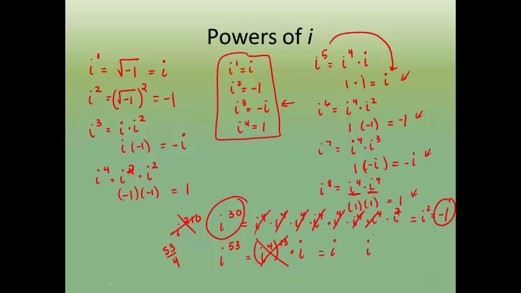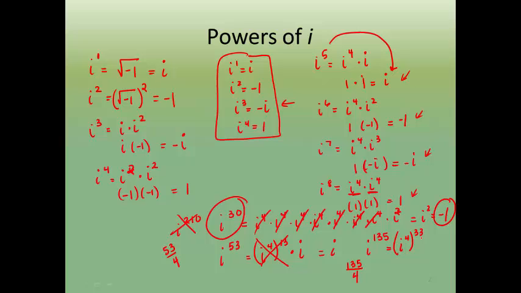Okay, so let's take a look at one more of those. Let's do I to the 135th power. Once again, I want to divide 135 by 4. So whatever calculator you have around you, go ahead and take 135 and divide it by 4. You'll see that I to the 4th power works 33 times.